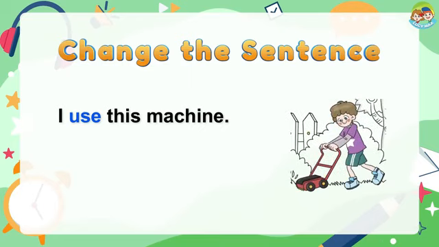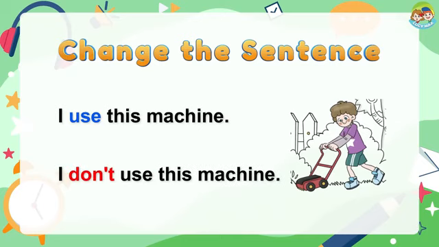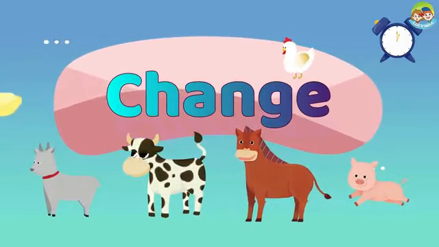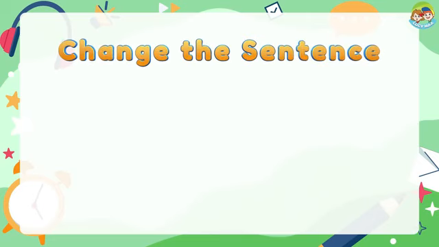I use this machine. We have a base verb, so we use a do verb. I don't use this machine. Change the sentence into a positive sentence.